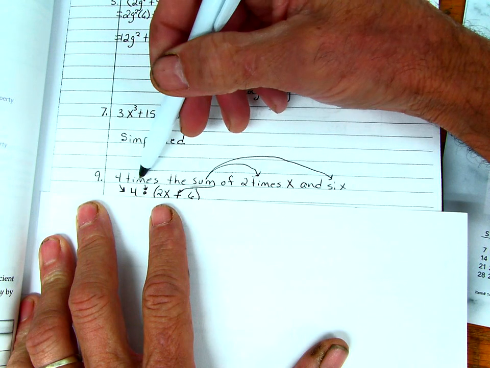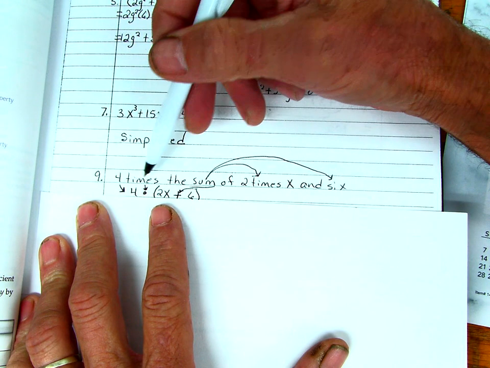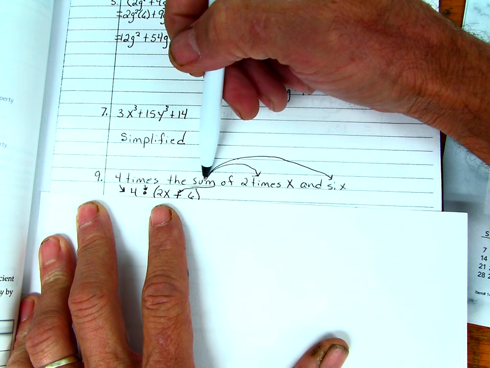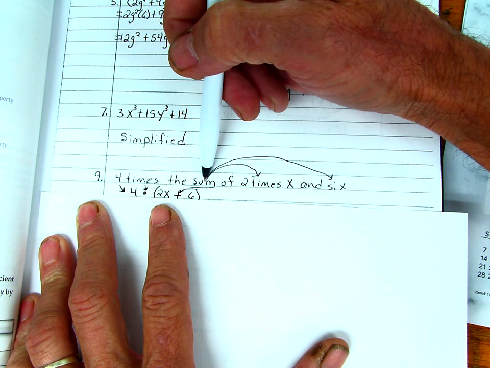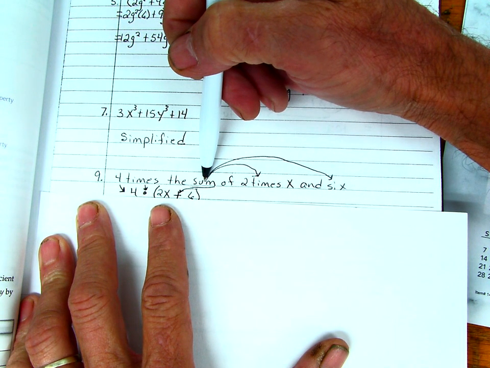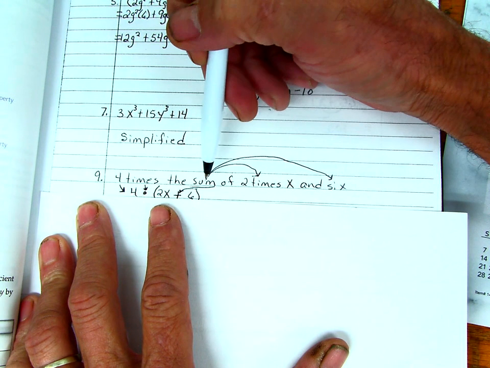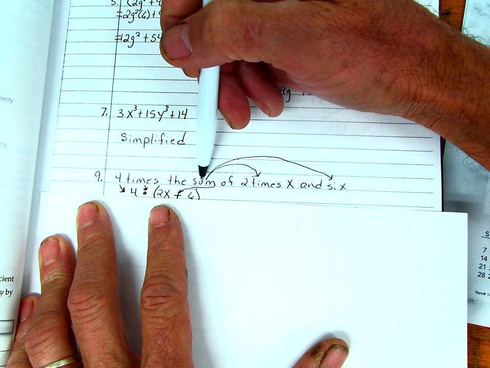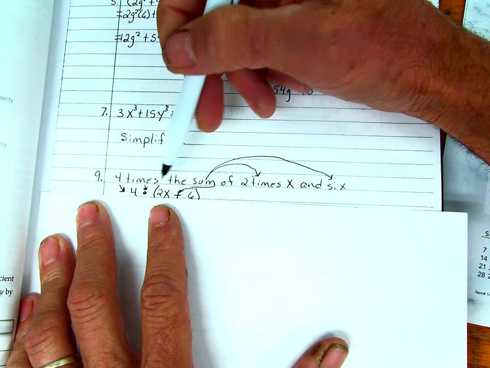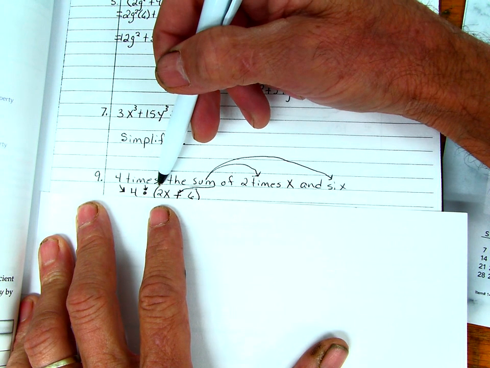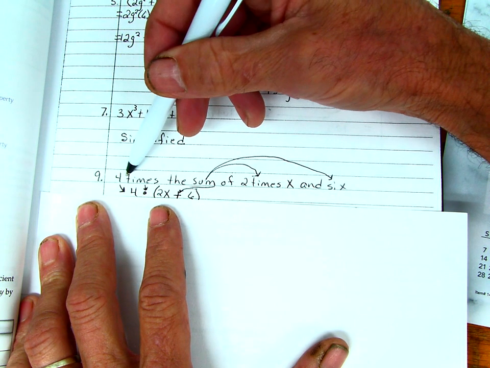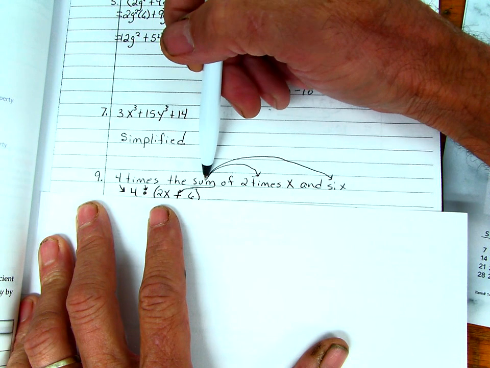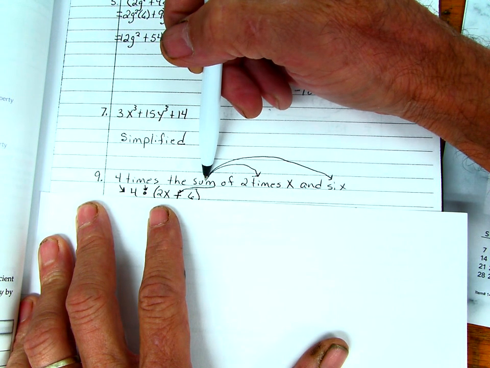The 4 is going to get multiplied to a sum. That's at least 2 things being added together. I need 2 things to come after this that are going to be added together. That tells me I'm using distributive property because I'm going to multiply 4 times at least 2 different things.